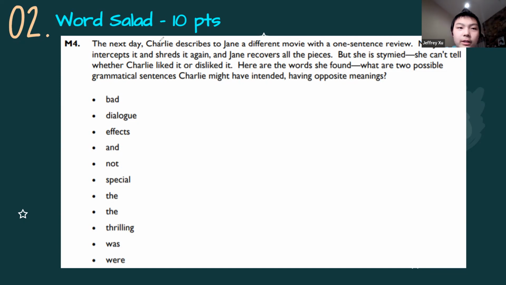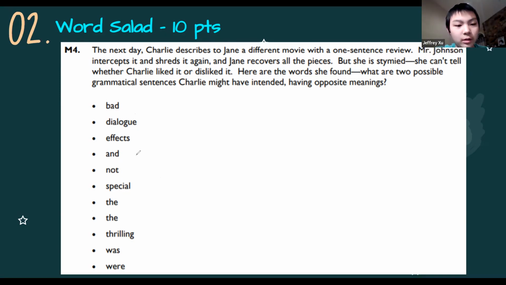Now, the idea here is that this word "not" can change things. You can say "bad" versus "not bad," for example. So this can change the context of the sentence in describing the movie positively versus negatively.